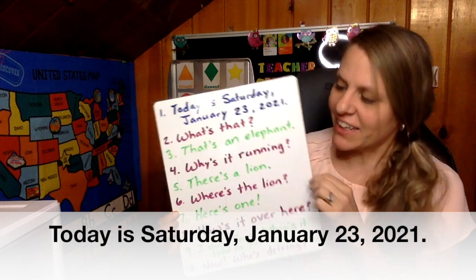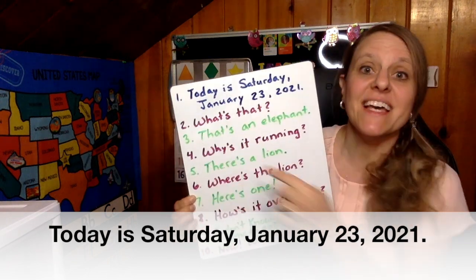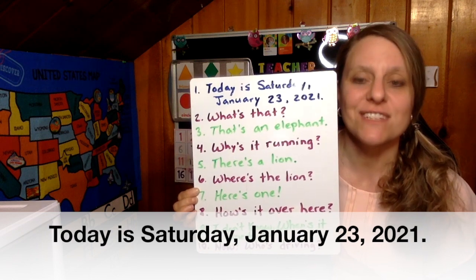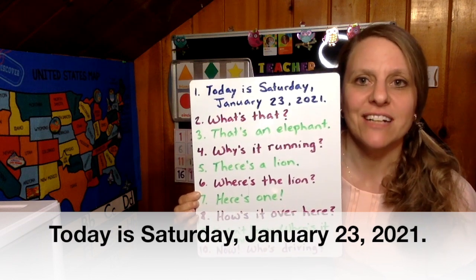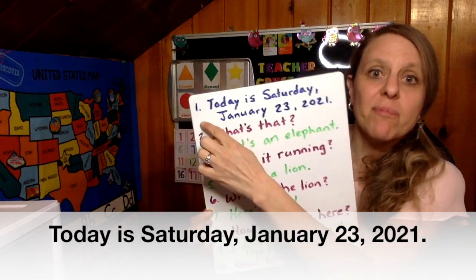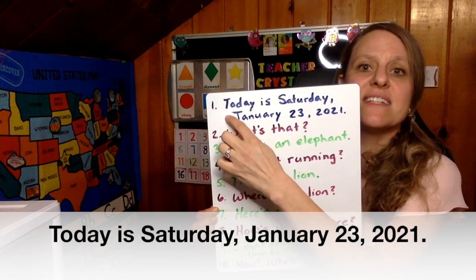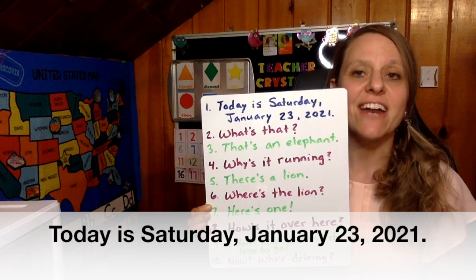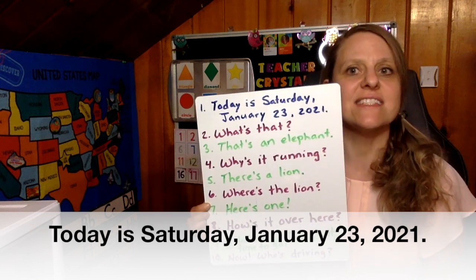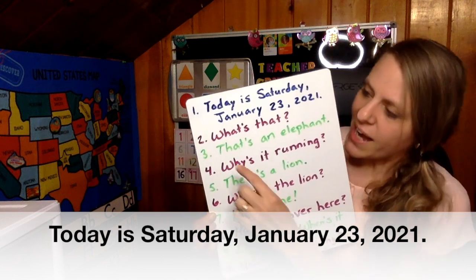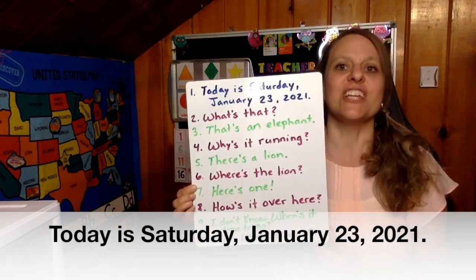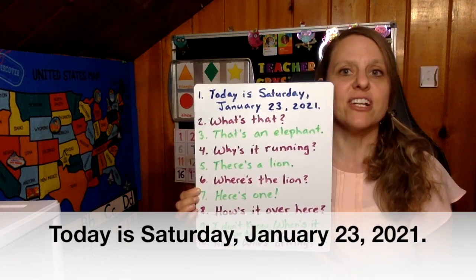So we have a capital letter that begins every sentence. Whenever you begin a new sentence, you need a capital letter. So we have a capital T for today, because that's the beginning of our sentence. We have a capital S for Saturday, because Saturday is a day of the week. We have a capital J for January, because January is a month of the year.